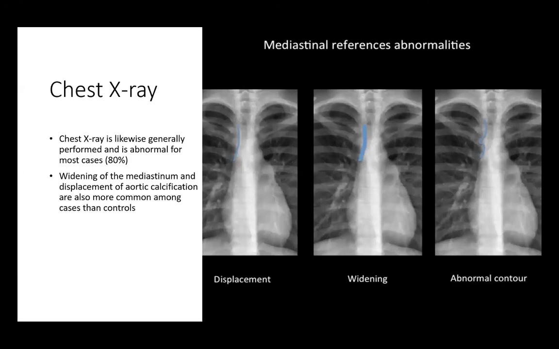Chest X-rays are likewise generally performed and are abnormal in most cases. 80% of patients with aortic dissection have an abnormal chest X-ray. Some of the signs that you can see are widening of the mediastinum, displacement of the aortic calcification, and abnormal contour of the aorta, although the chest X-ray may be normal.